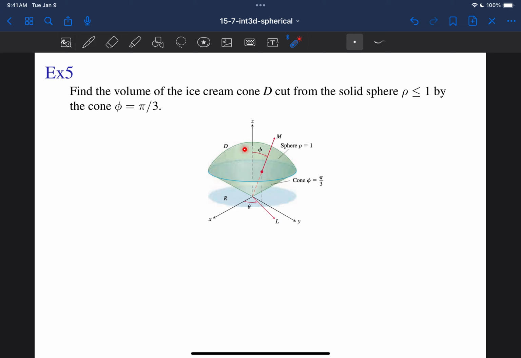So rho less than or equal to 1 is a solid ball with radius 1. We can imagine a ball with radius 1 which is cut by this umbrella with phi equals pi over 3, which is 60 degrees. So the cone is like this.